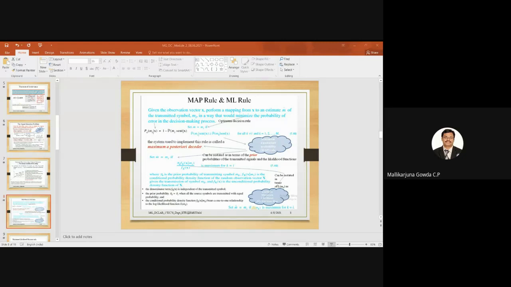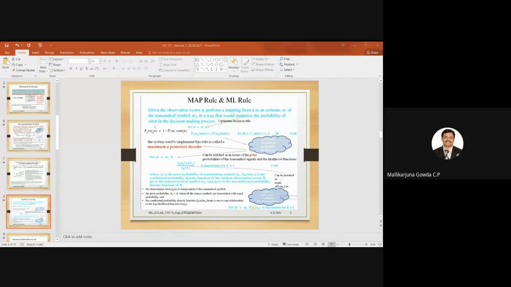We need to set m cap equal to mi if the probability of mi sent and x received is greater than or equal to the probability of message mk sent and x received, for all values of k not equal to i, where k can vary from 1 to m. So this rule is known as the maximum a posteriori decoder rule.